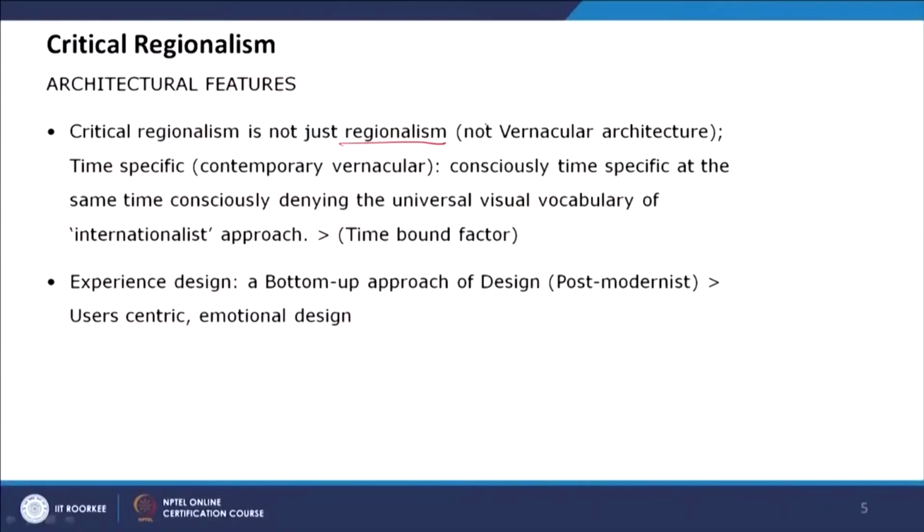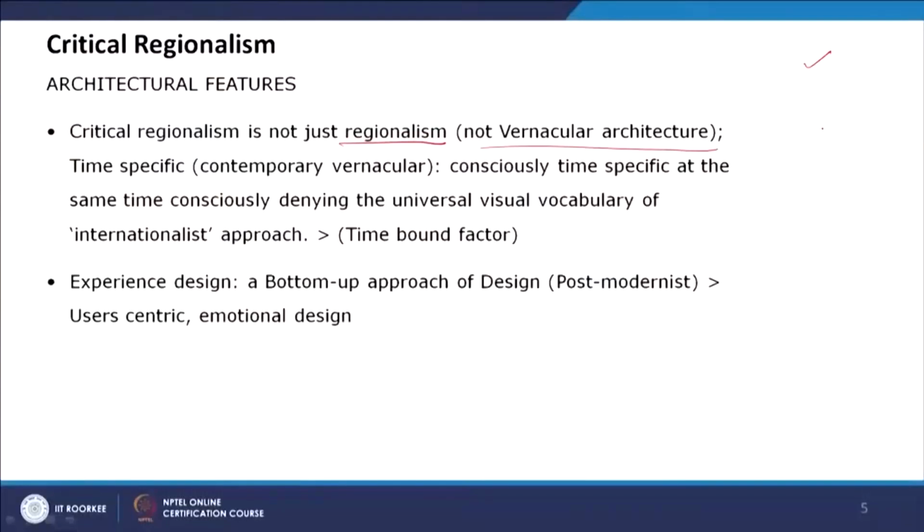Now, critical regionalism is not just regionalism. Regionalism is vernacular, but critical regionalism is not vernacular architecture. It will take vernacular architecture as a mood board and visual board, and then change the vernacular architecture into the context of postmodern architecture.